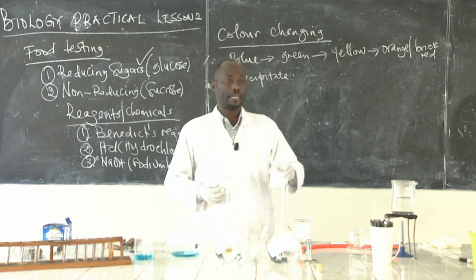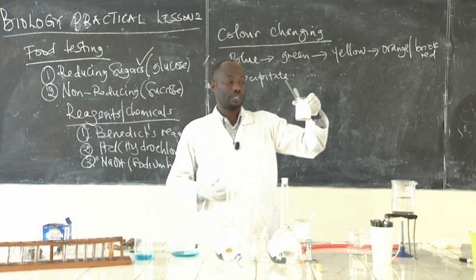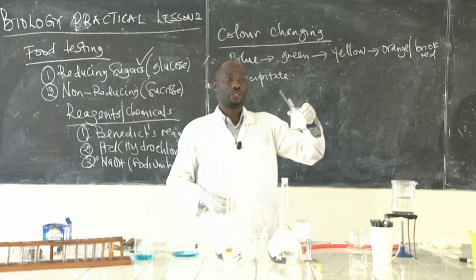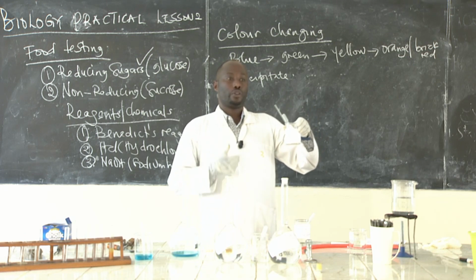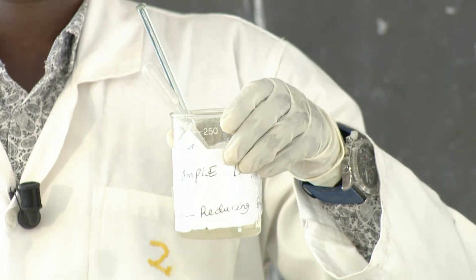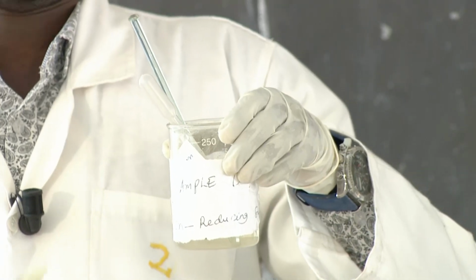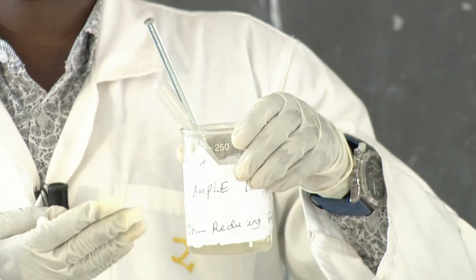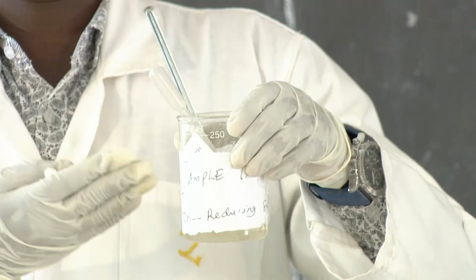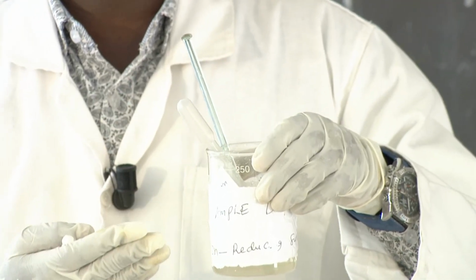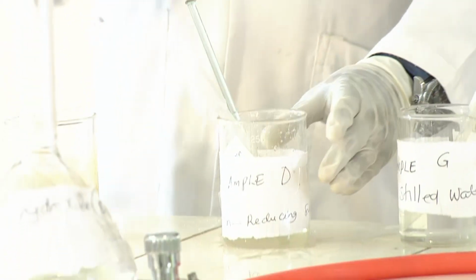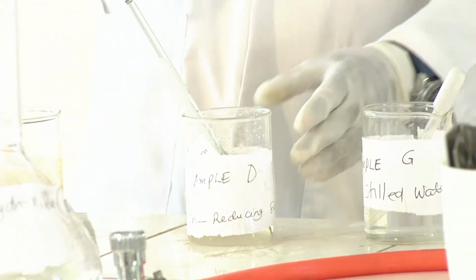I have a prepared sample extract made from industry, but you can also use carrots, oranges, or sugarcane, and we extract a sample that contains sucrose. So from there, let me start my practical.